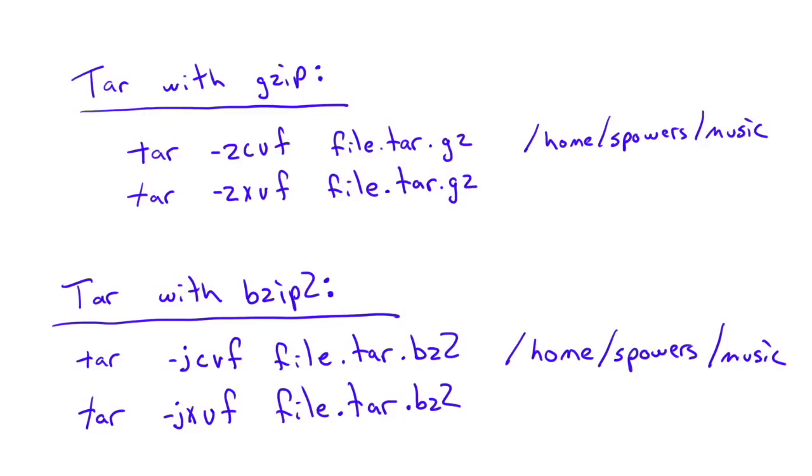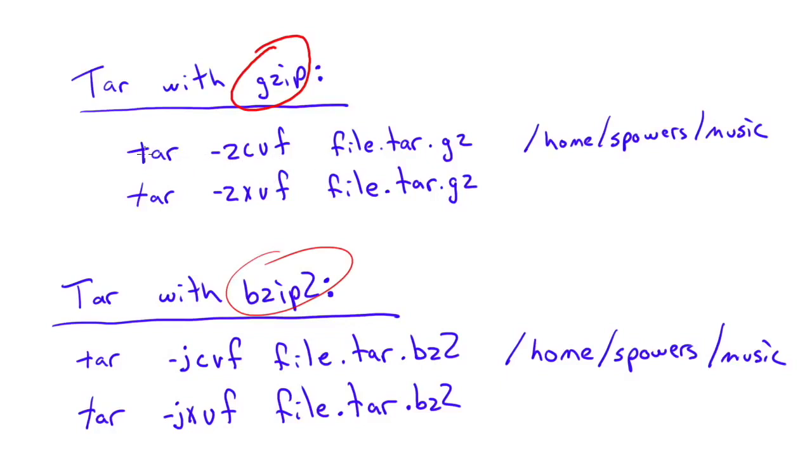If you're not familiar with using tar, I urge you to go back and watch that nugget because tar is kind of a complicated beast. So I'm going under the assumption that you're familiar with creating tar archives or tape archives using the tar program. In order to utilize the Gzip and the Bzip2 algorithms to make your tar files smaller, what you do is you add an extra flag in the argument string here.